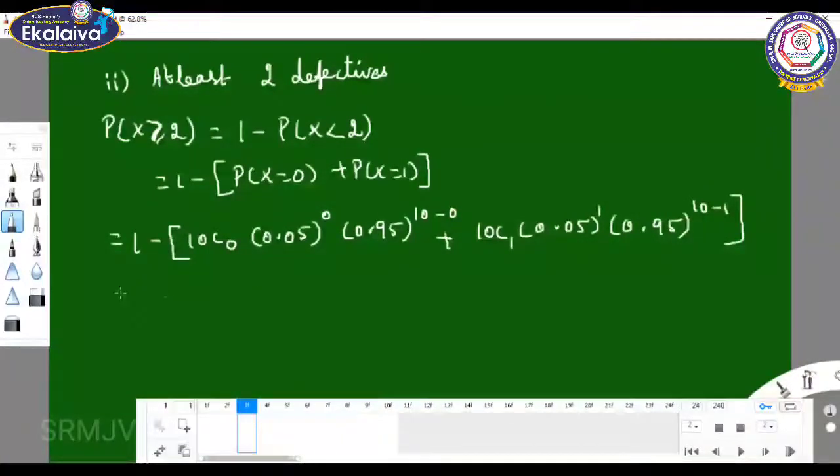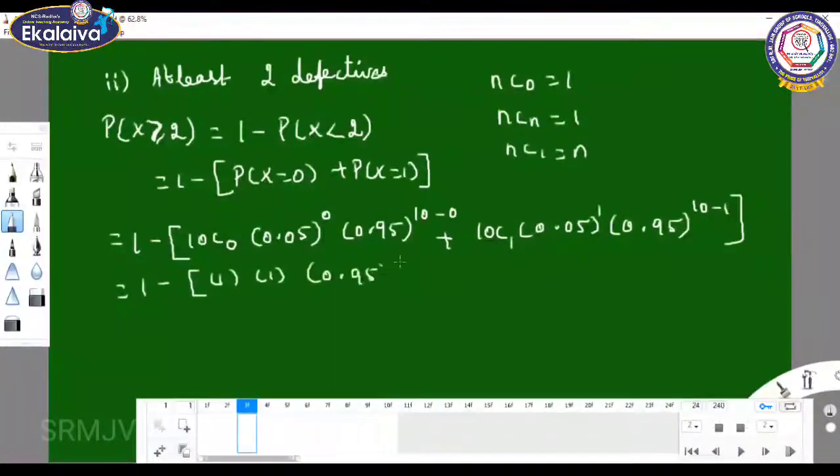So it gives 1 minus, 10C0 value is 1. nCn value is also 1. nC1 value equal to n. Anything to the power 0 is 1. Then 0.95 whole power 10 plus 10C1 value is 10, into 0.05 into 0.95 whole power 9.